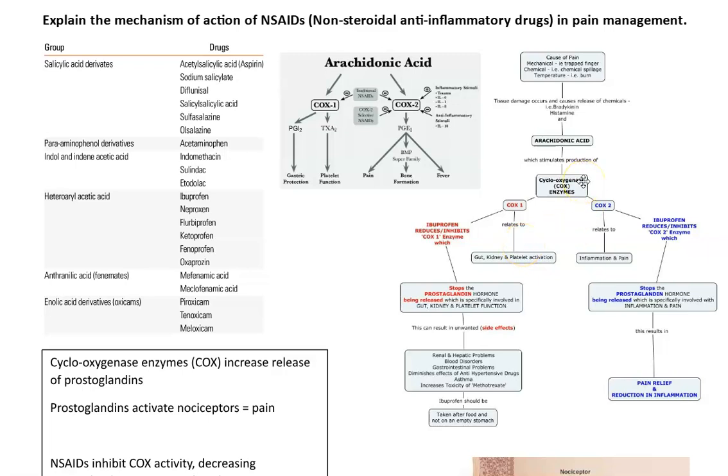So one of the things that you see, so this COX-1 and COX-2, you can see goes into a little bit more detail here, where you're activating those prostaglandins and then you're getting that pain. Inflammation also happens here too.